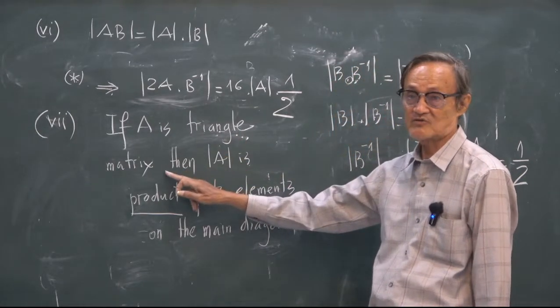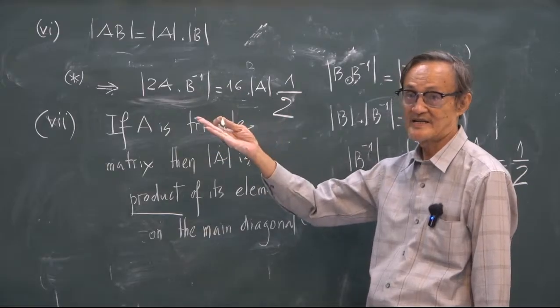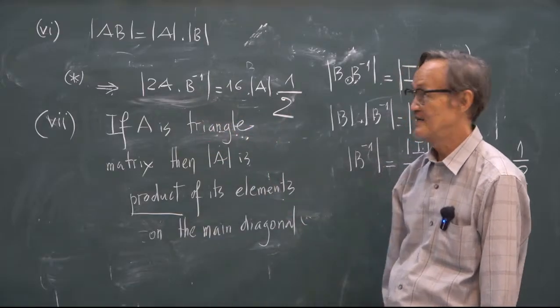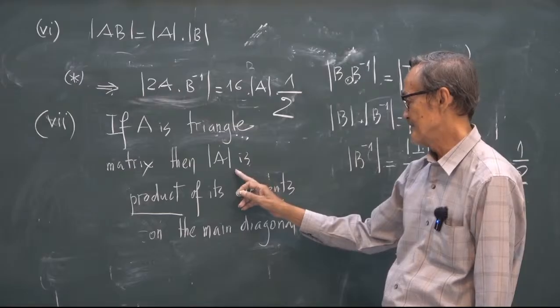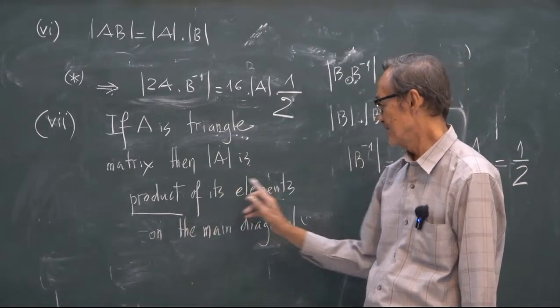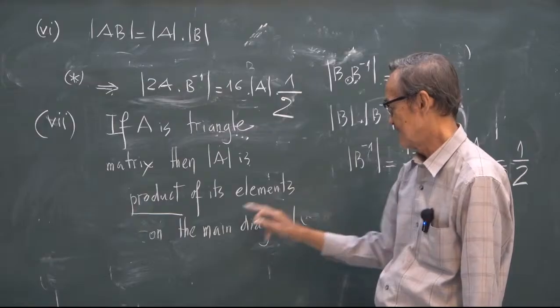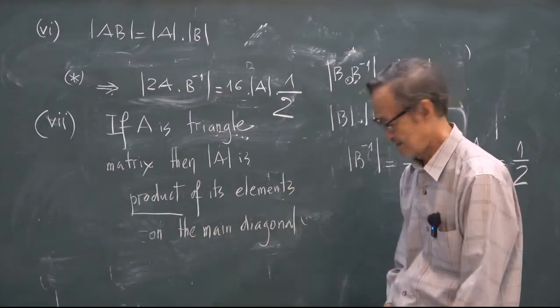For a triangle matrix, upper or lower, the determinant is the product of all elements on the main diagonal.